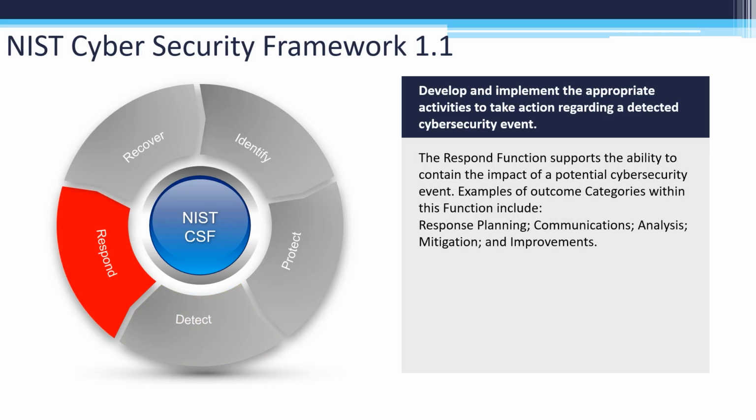Then we have to look at response, to develop and implement the appropriate activities to take action regarding a detected cybersecurity event. The respond function supports the ability to contain the impact of potential cybersecurity events. Examples of outcome categories within this function include response planning, communications, analysis, mitigation, and also improvements.